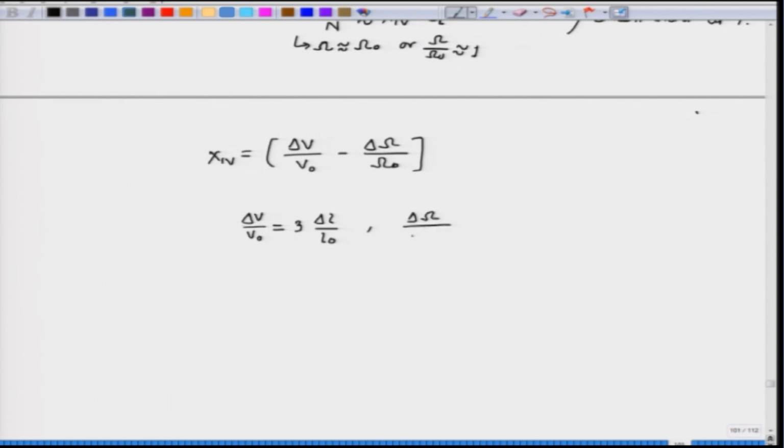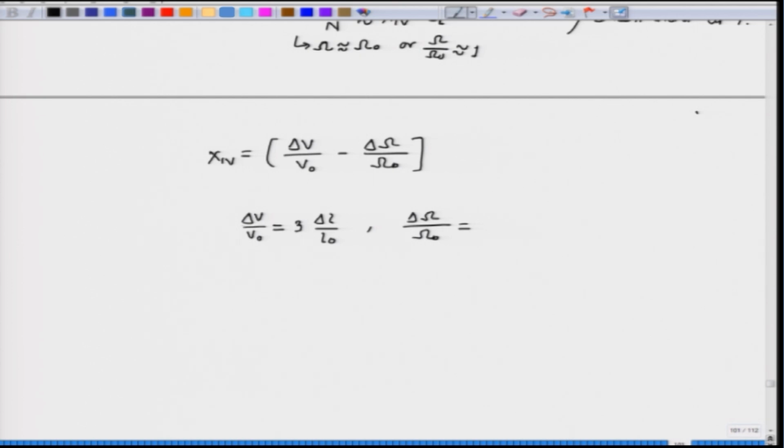What can be said about delta omega over omega 0? Right. So, the omega refers to the volume per lattice site, and when it comes to the lattice, the linear dimension we can take as the lattice parameter.